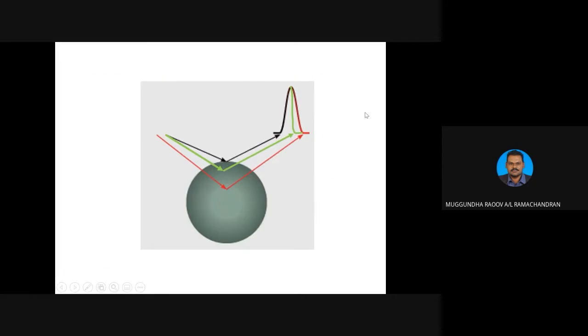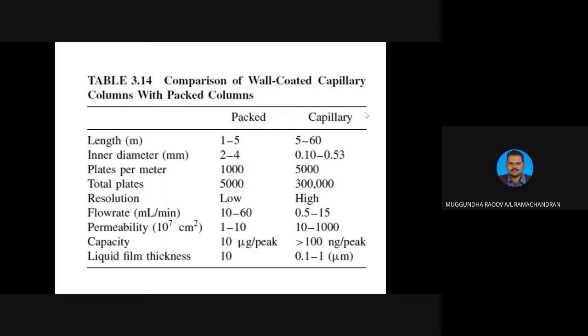An example of how the peaks travel, are eluted and separated is shown here in this figure. So class, this is the comparison between the wall coated capillary column and the packed column. You can see the significant difference in the length as well as the inner diameter. The total plate number for the capillary column is even higher, and the resolving power of the capillary column is very high.